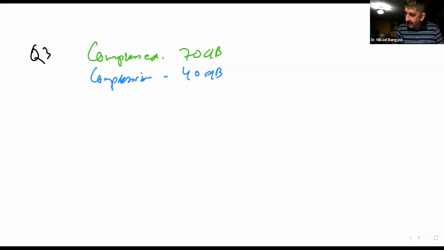What is the dynamic range of the original uncompressed signal? What the range was before it was compressed by 40 decibels and ended up at 70.